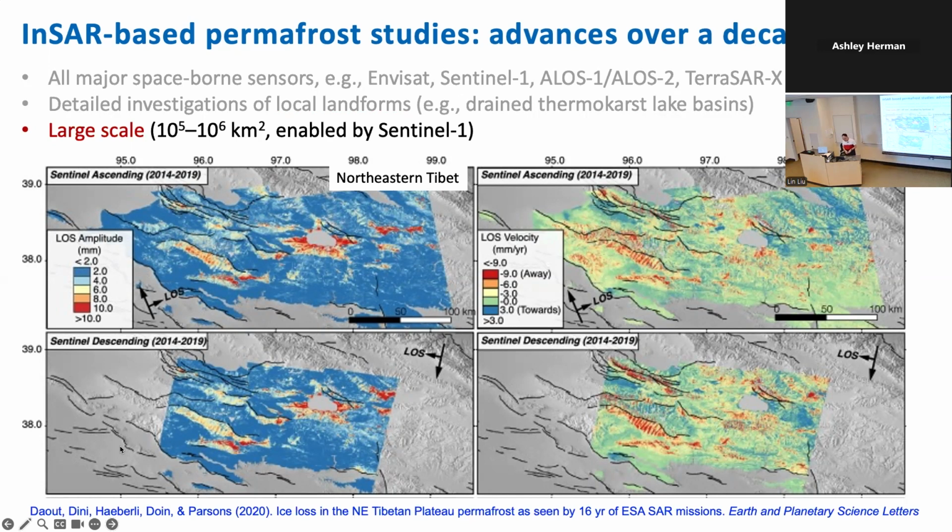Now people can use InSAR to map millions of square meters of areas of subsidence, but the message is still very similar. The seasonal subsidence shown here is on the order of a few centimeters. If you look at the trend, it's millimeter level. Still subtle, but very consistent no matter whether you look at the Arctic or Tibet.